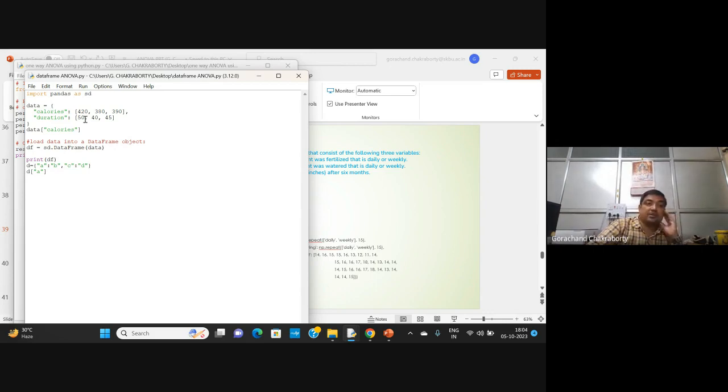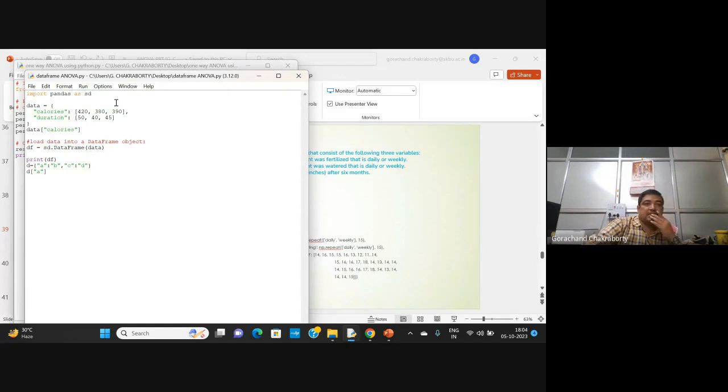Suppose in 50 minutes, we are burning 420 calories. Then we are allocating this value. The format is: data is equal to, in brackets, calories 420, 380, 390, and duration is the corresponding duration as 50, 40, and 45.